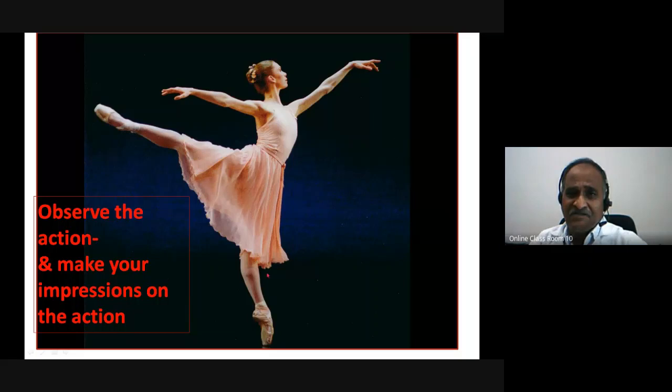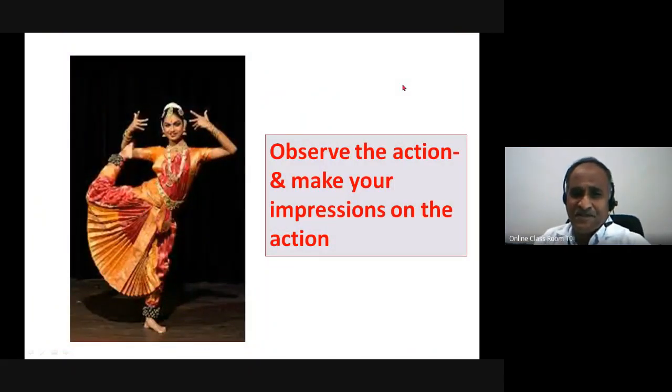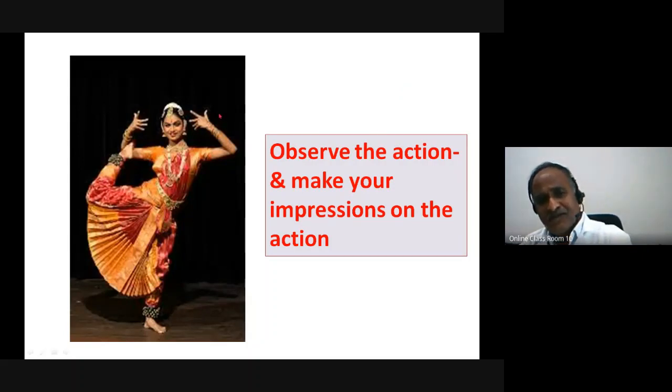Perfect alignment, and balancing and weight bearing. This is Bharatanatyam. You just see that. She's trying to have this typical pose, and trying to express a number of things.